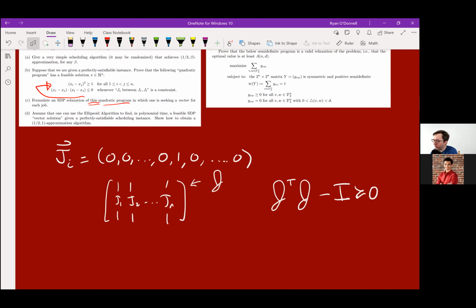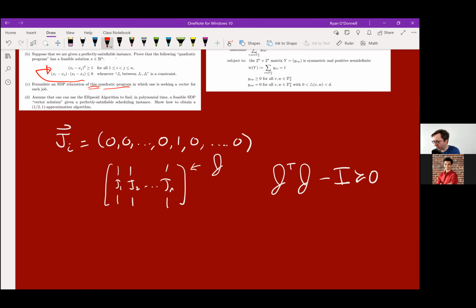yeah, kind of, although if you remember how we came to the semi-definite program from Max Cut originally, we thought of it as a quadratic program where we're trying to maximize this expression, a sum over edges (u,v) of some quadratic expression in x_u and x_v.